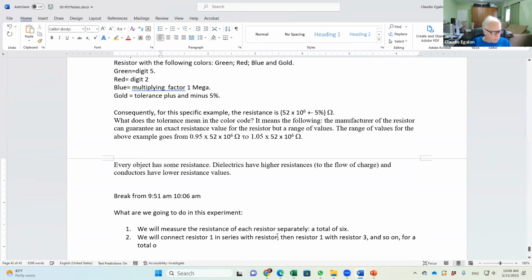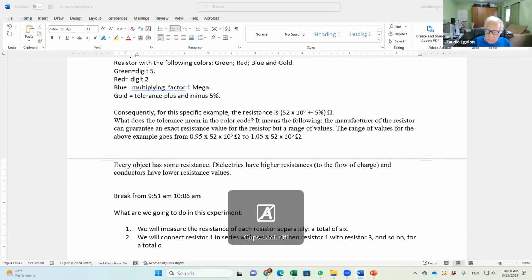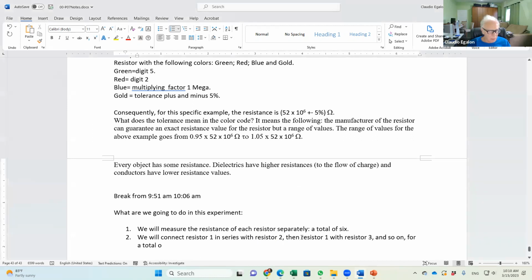Connect resistor 1 in series with resistor 2, then measure their combined resistance.